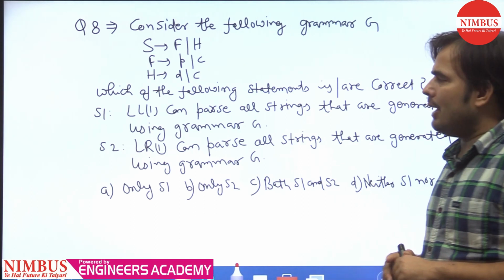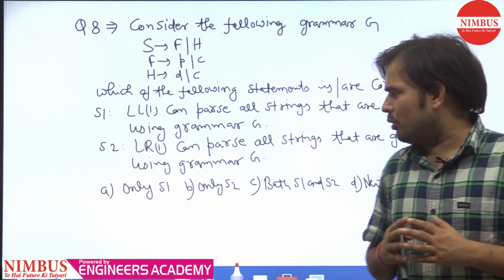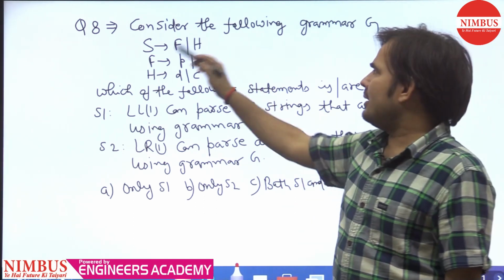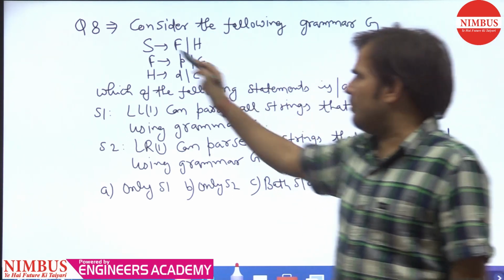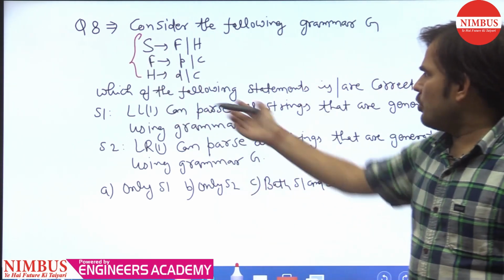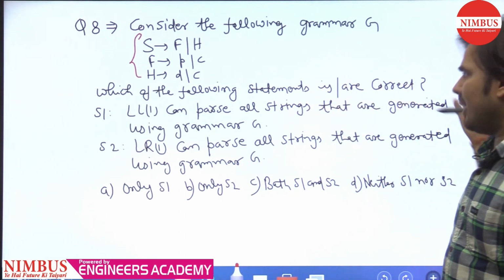This is the next question again from that concept, but it's a good question. Consider the following grammar G. This is the grammar. Which of the following statements is/are correct?